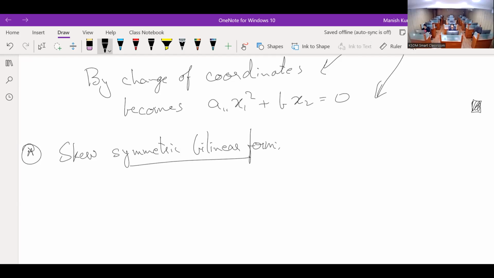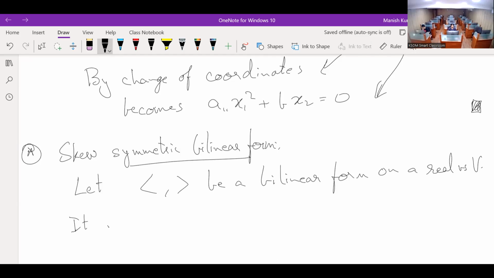So you know what a bilinear form is. Let this be a bilinear form on a real vector space V. It is called skew symmetric if one of the following equivalent conditions holds.